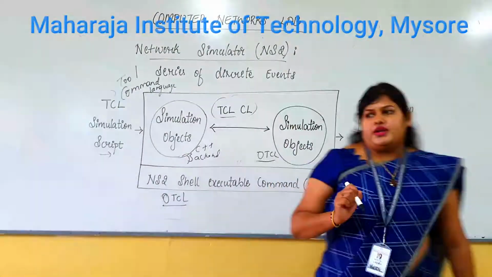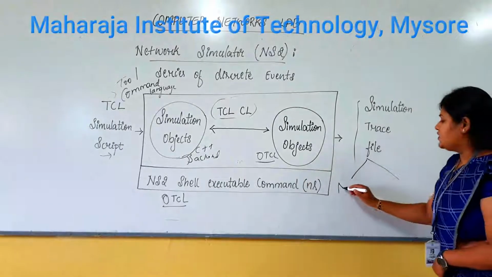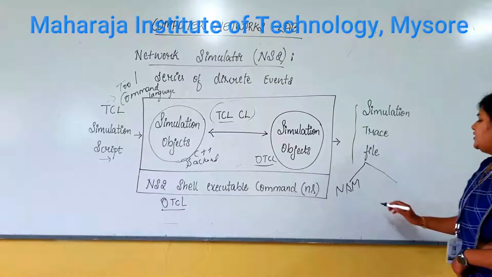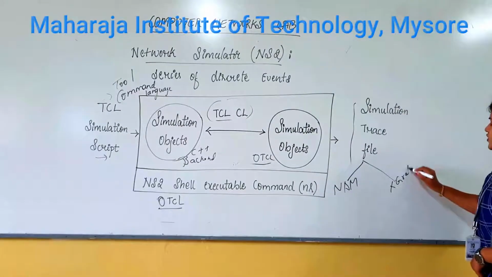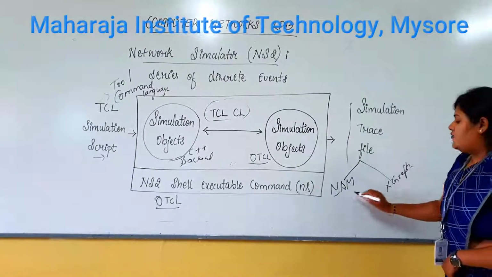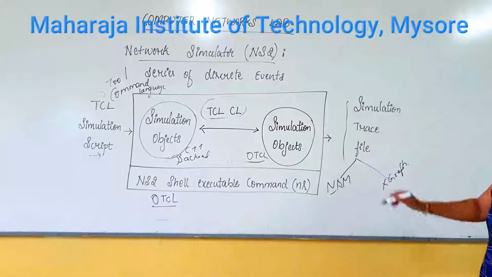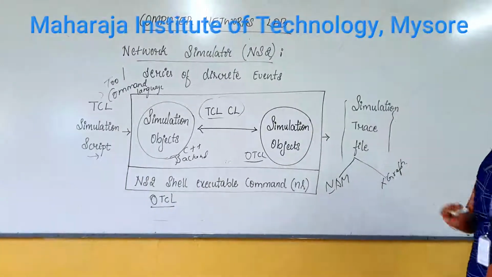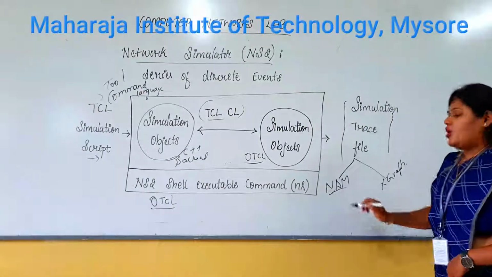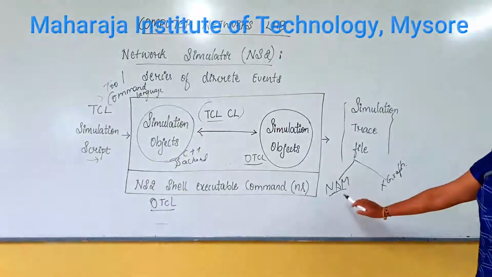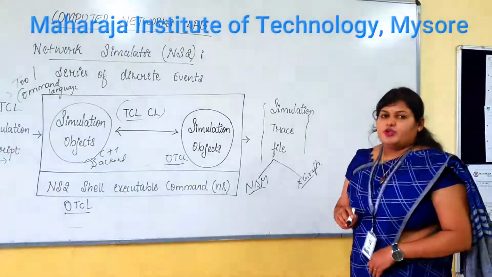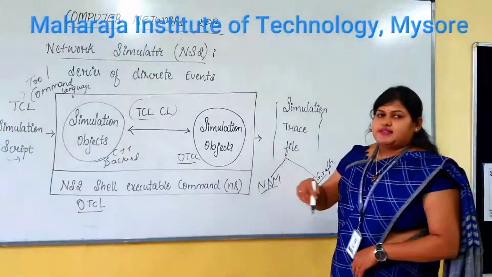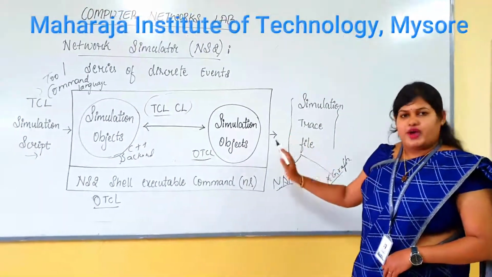One is called NAM, and one more is called the xgraph. With this particular file form, we will observe the required simulation trace files. So NAM is all about the network animation tool, and with the xgraph, graphically we are going to find the required data sets and we are going to trace the files.